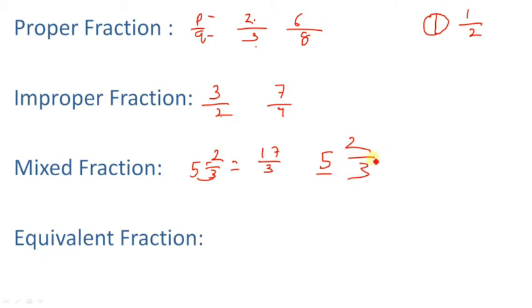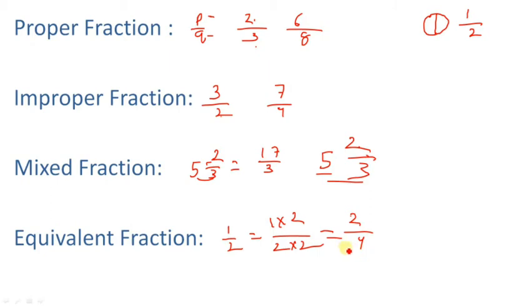Now equivalent fractions. Suppose I have 1 by 2. What will be the equivalent fraction? We can find an infinite number of equivalent fractions of any number. Suppose I multiply 1 into 2 divided by 2 into 2. One thing to remember: when calculating equivalent fractions, the number we multiply with the denominator, we have to multiply the same number with the numerator also.